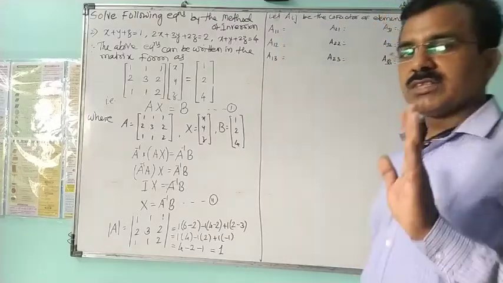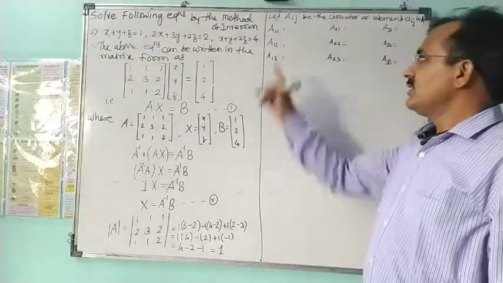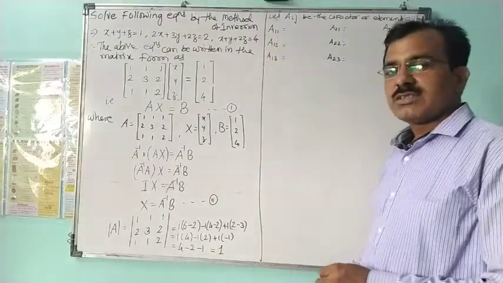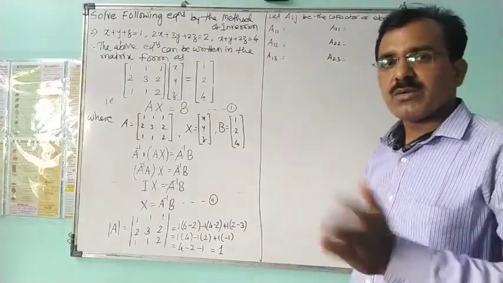Now we have to use their signs. The values are attached with -1 raised to the sum of the subscripts. So the subscripts decide whether the coming value is with positive one or negative one.